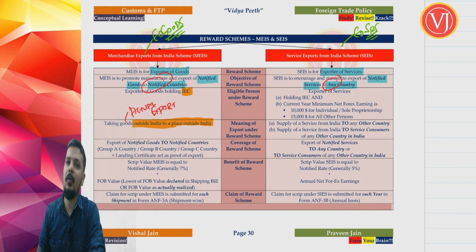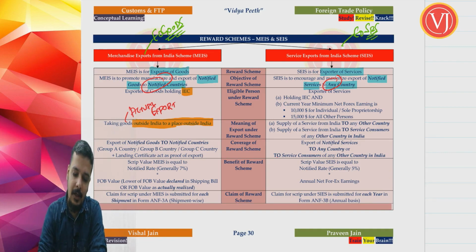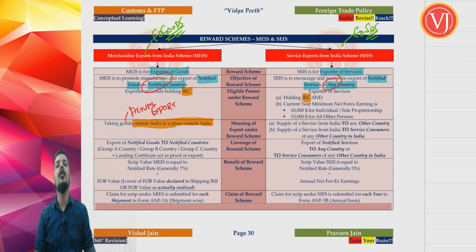Whereas friends, when an exporter of service becomes eligible for your SEIS script, that is service export from India scheme, he should be holder of import-export code. This we have clearly discussed in the beginning itself. I code, it is a myth that it is required only for goods category. No. Even if you are exporter of service, if you want the benefits of your foreign trade policy, specifically SEIS script, you should be holder of I code.